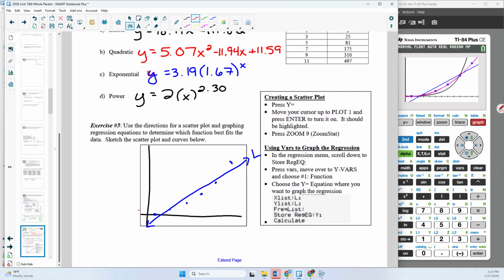Both the quadratic and the power function, I'm going to say they both look almost the same. They're not exactly the same. If we zoomed in, we would see slight differences, and I can see a little bit of spots where the pink and the red don't look exactly the same. And then my exponential kind of bends too far, like this, and that's exaggerated. But here we can kind of start to see that some of the equations might fit the points better than the other ones.